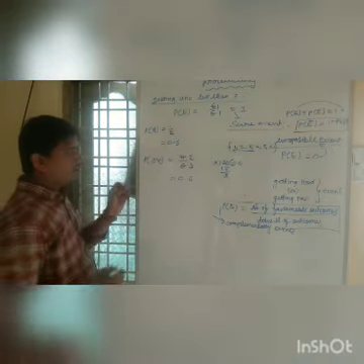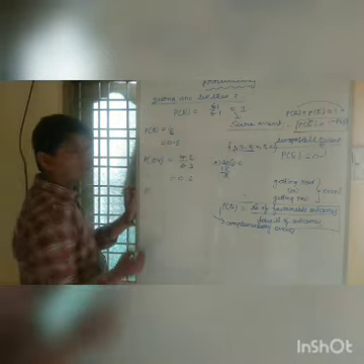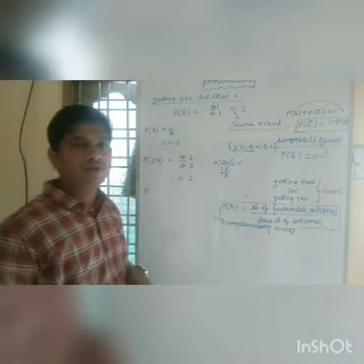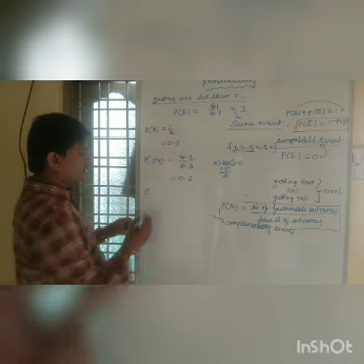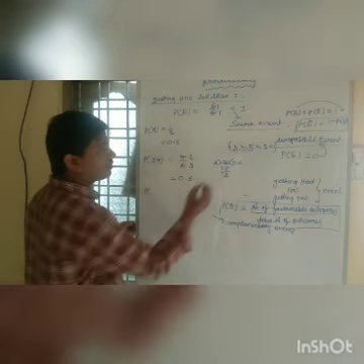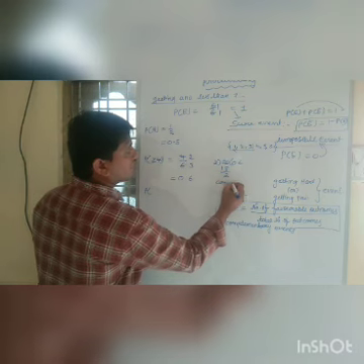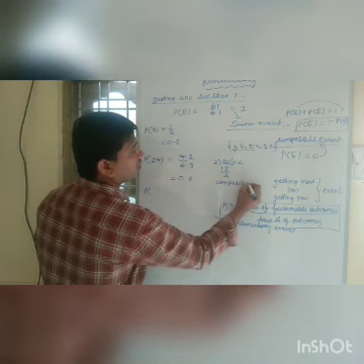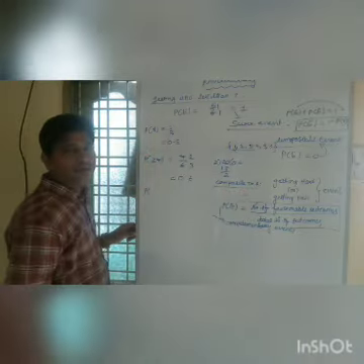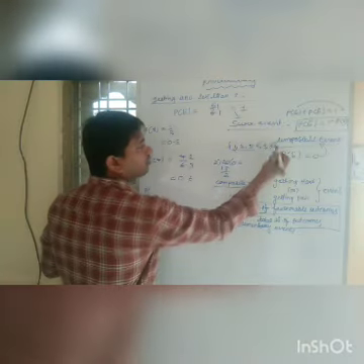Okay. Now, when we throw a single die, what is the probability of getting a composite number? What are the composite numbers? The numbers which have more than 2 factors, that is 4 and 6.